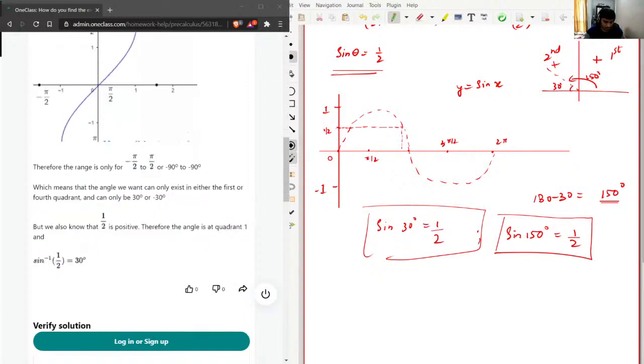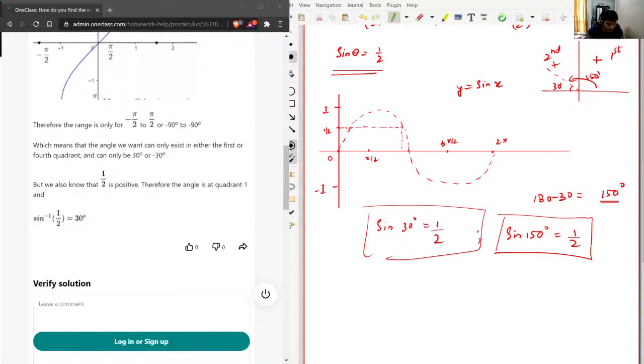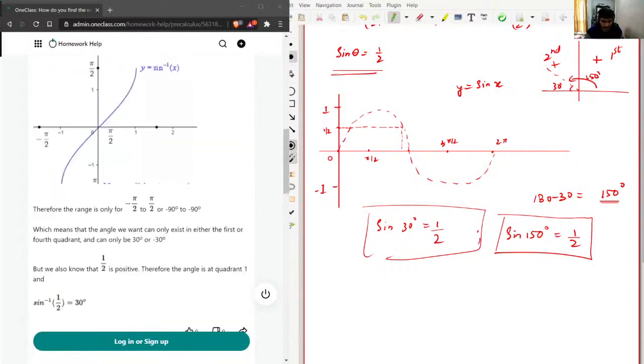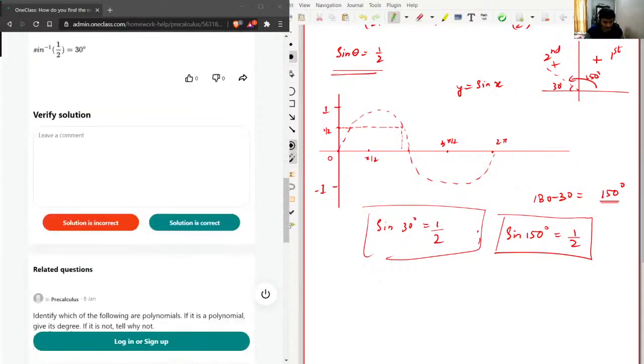Actually it can also exceed, this graph will continue and we'll have a lot of values, but for the second quadrant and the first quadrant we'll have positive values. But we also note that half is positive, therefore the angle is in quadrant 1, which means the angle we want can only exist in either the first or fourth quadrant. So this one is also correct here.